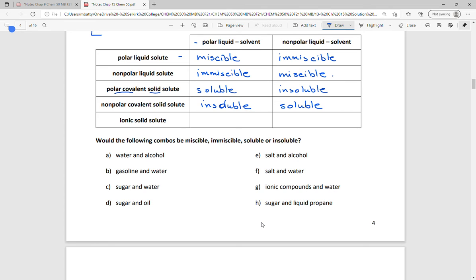An ionic solid in a polar liquid, so this would be a salt in water. I would say soluble, but I'm going to give a little bit of an asterisk on this one. There'd be a bit of an exception for this because we remember the solubility chart.